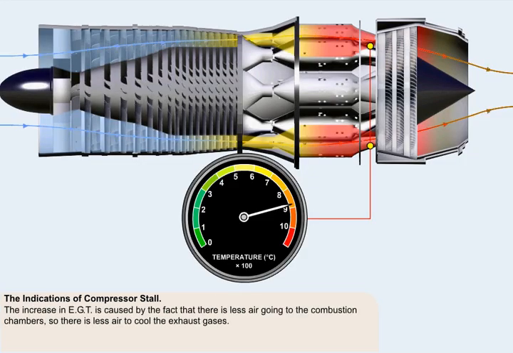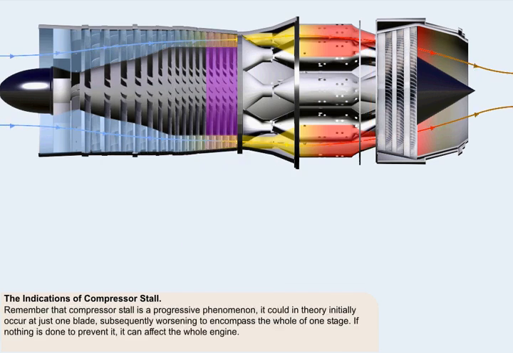This latter effect, the increase in exhaust gas temperature, is caused by the fact that there is less air going to the combustion chambers. Hence, there is less air to cool the products of combustion, the exhaust gases. Remember that compressor stall is a progressive phenomenon.